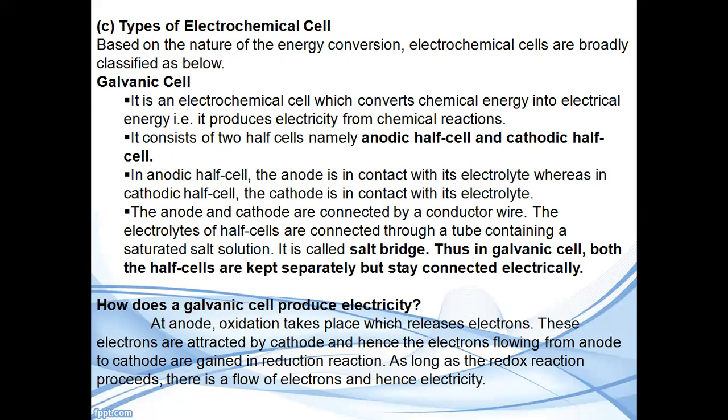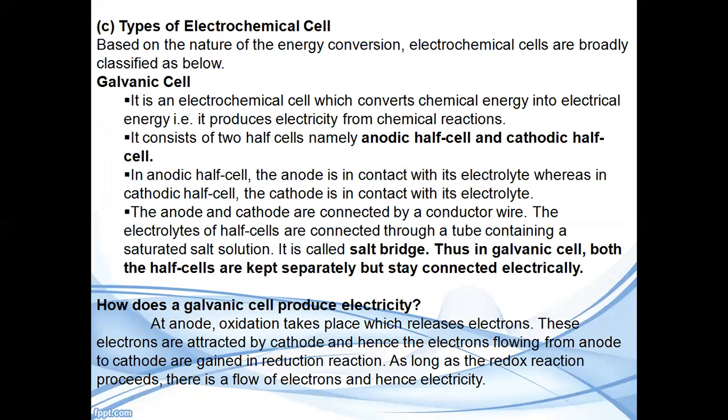The galvanic cell consists of two half cells, namely anodic half cell and cathodic half cell. So it produces electricity.